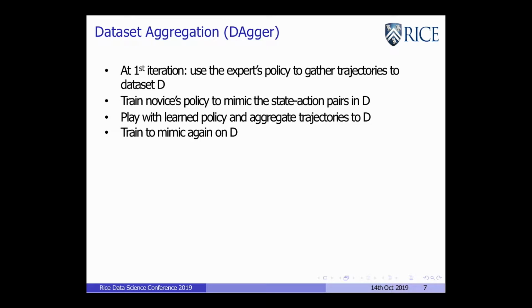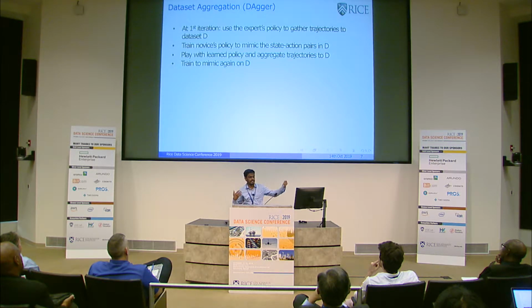So just formalizing it, one of the prime algorithms in imitation learning is dataset aggregation, or Dagger. In Dagger, we basically use the expert's policy to generate state action pairs. So you encounter a state, you take expert's action, and you end up in the next state, then take expert's action.